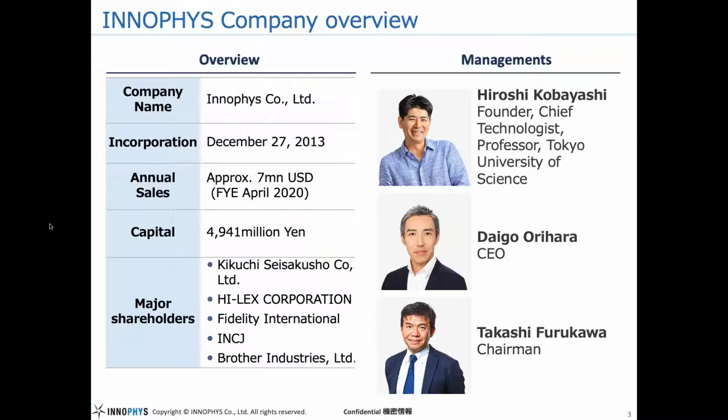Our recent annual sales is about $7 million US, and our capital is about 5 billion yen. You can also see our major shareholders on the left bottom corner. On the right hand side, we have management, Hiroshi Kobayashi, the founder and chief technologist of our company, and a professor of Tokyo University of Science. In the middle, Daigo Orihara, which is me, and Takashi Furukawa, chairman of the company.